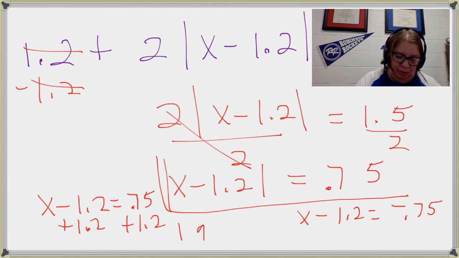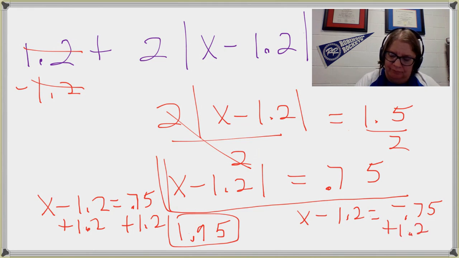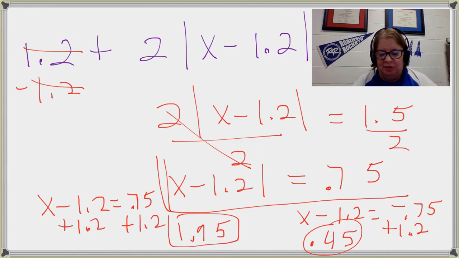So this side's going to be 1.95. Add 1.2. And this side's going to be 0.45. So your friend is either 0.45 miles from the beginning of the trail or 1.95 miles from the beginning of the trail.